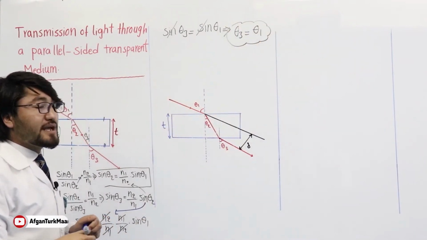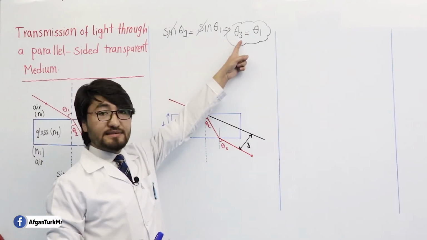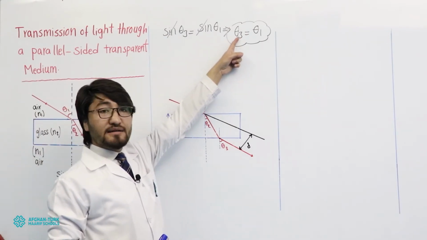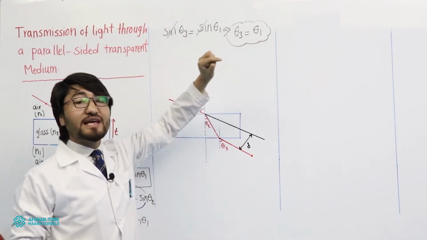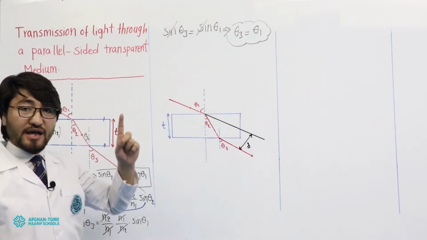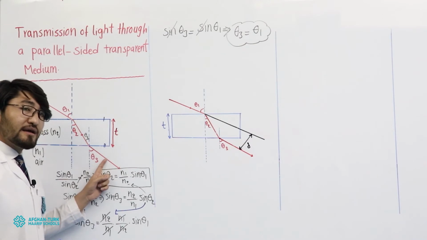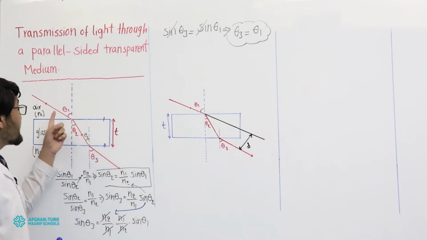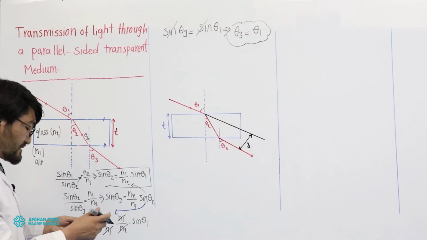This is a very important point. This point says that the emerging angle and incident angle are equal. So we can conclude that the emerging ray is parallel to the incident ray. Let me write this.